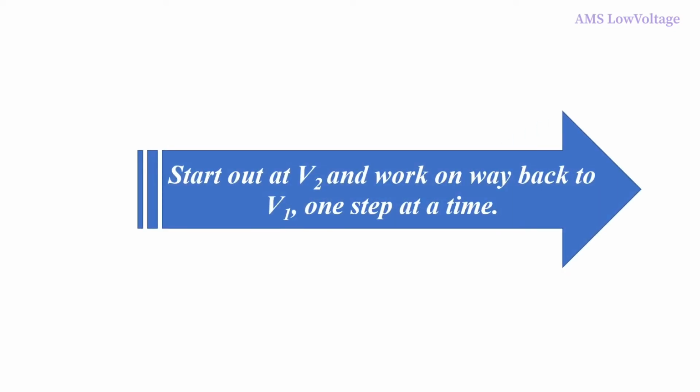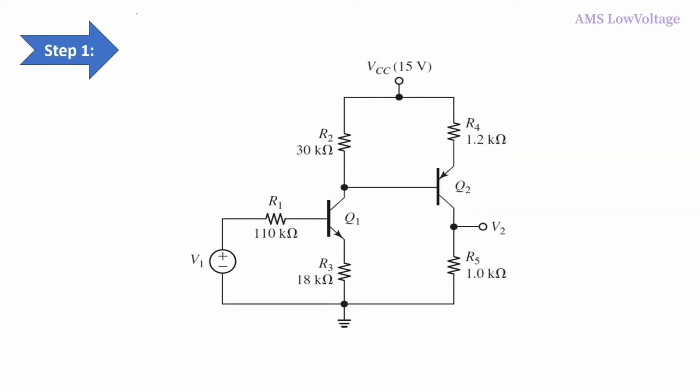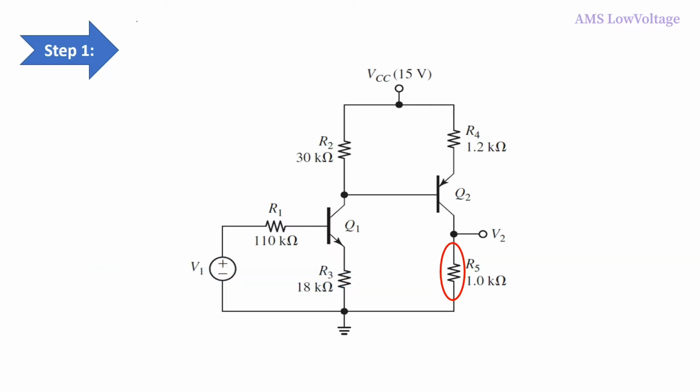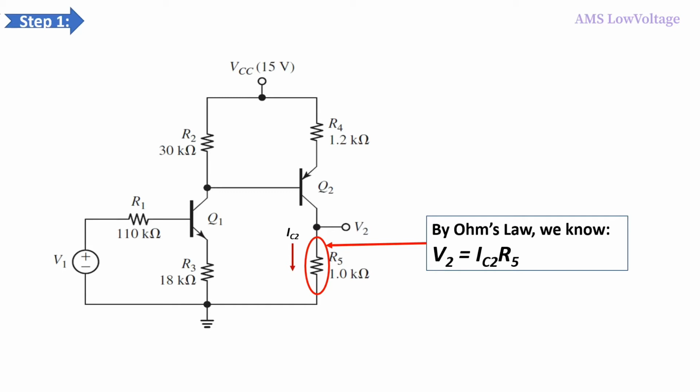We start out at V2 and work our way back to V1, one step at a time. Step 1. Since V2 equals 5 volt, let's find the current IC2 passing through the resistor R5. So how can we find IC2? By Ohm's law.